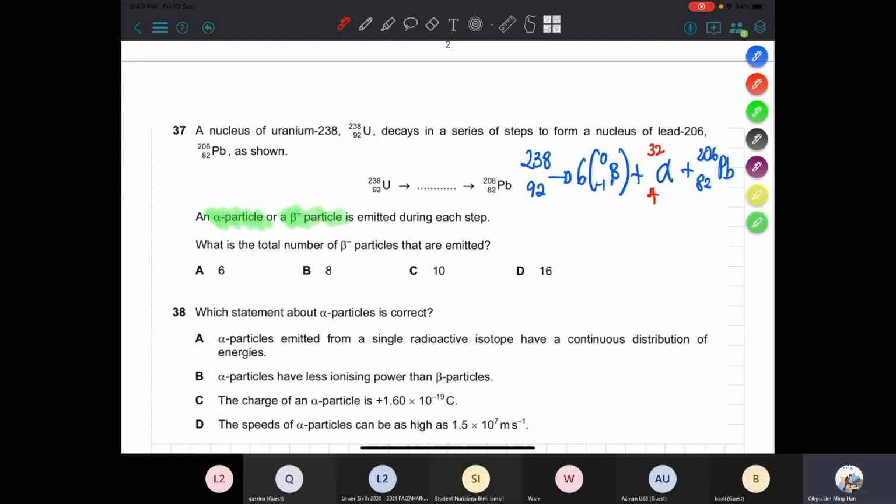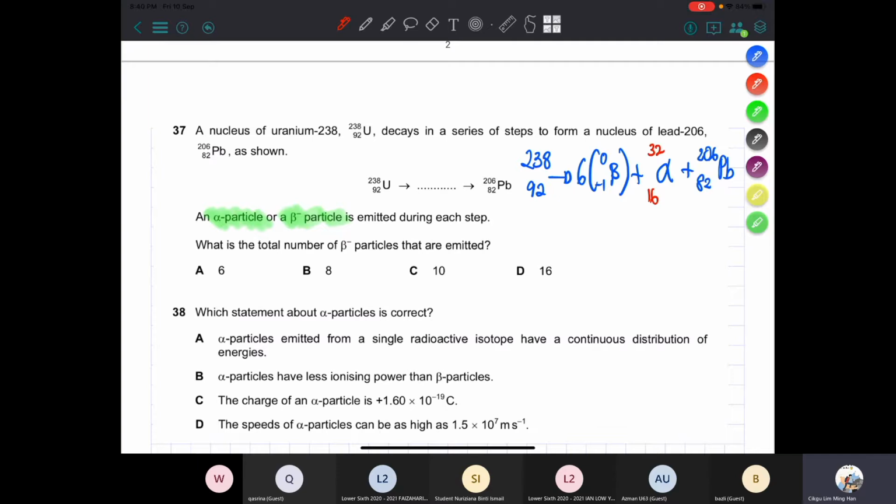So it's not A? Is it wrong? Your answer is correct, right? The number below is 16. Oh, what? How did I get 16? 82 plus 16 minus 6 is 92, sir. What did I do with my maths?